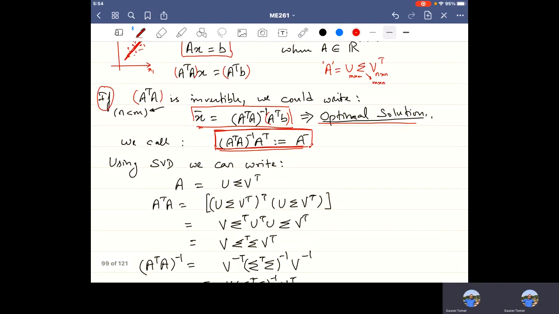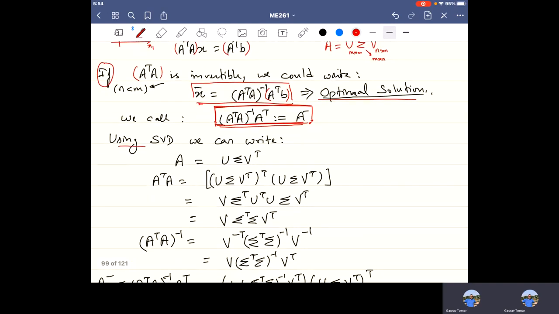We can also see it from SVD in a more straightforward way. If it turns out that A transpose A is singular in some cases, we already know how to deal with it in terms of pseudo inverses that we learned earlier.